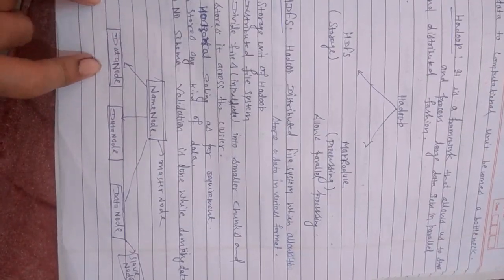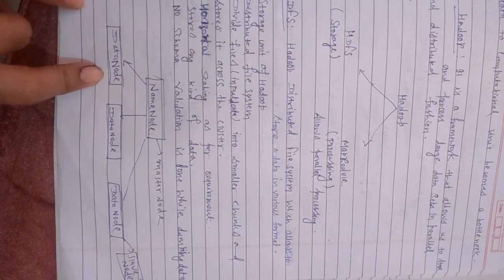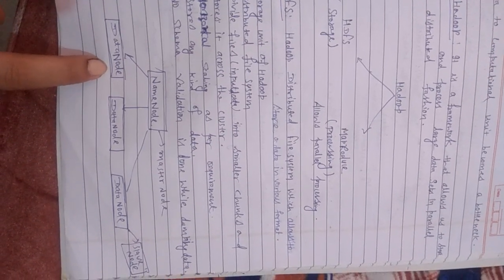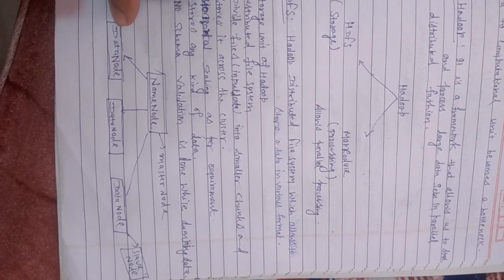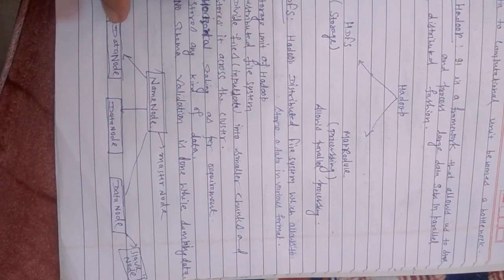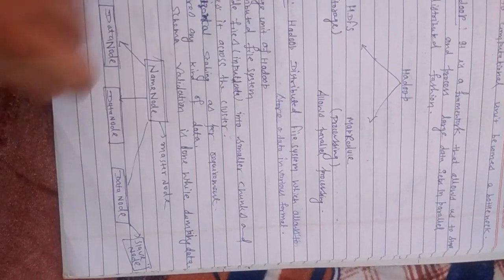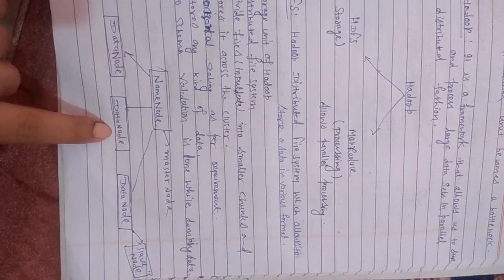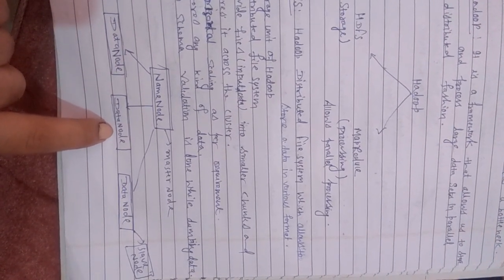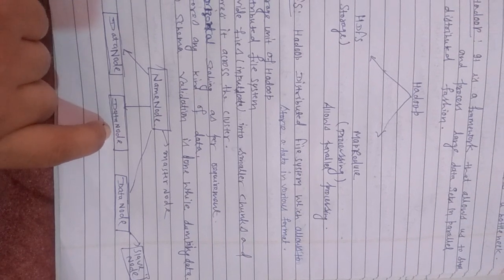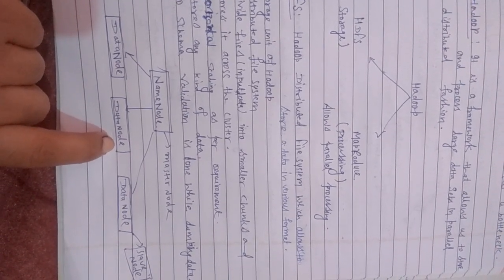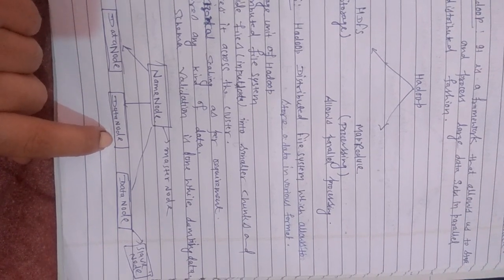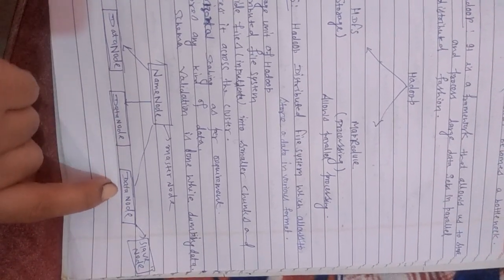But the question is, if one data node is damaged, then what about the data? The data will be kept in another data node in replicated format, which can help to get the data whenever it is lost.